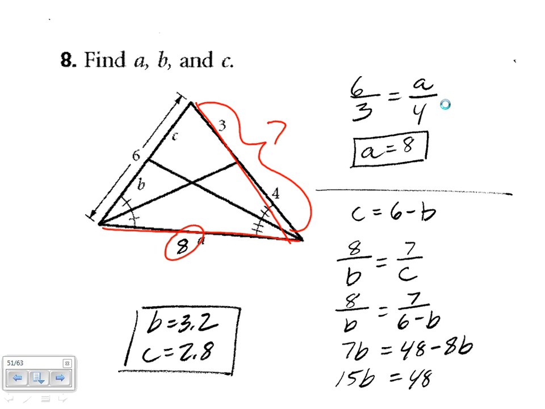Very similar to what you just did in number 7, I said C is 6 minus B, and I set a proportion: 8 over B equals 7 over 6 minus B. And then I solved it from there. Again, important.